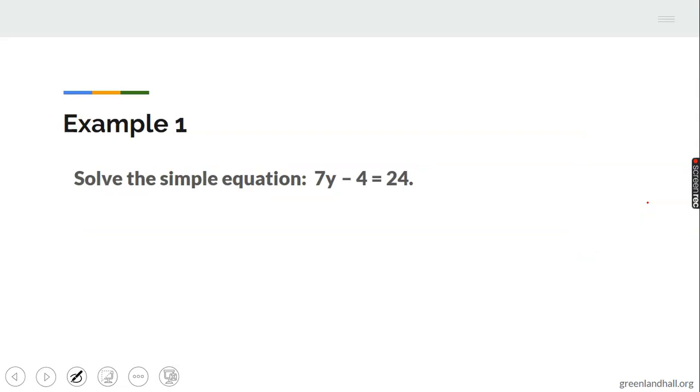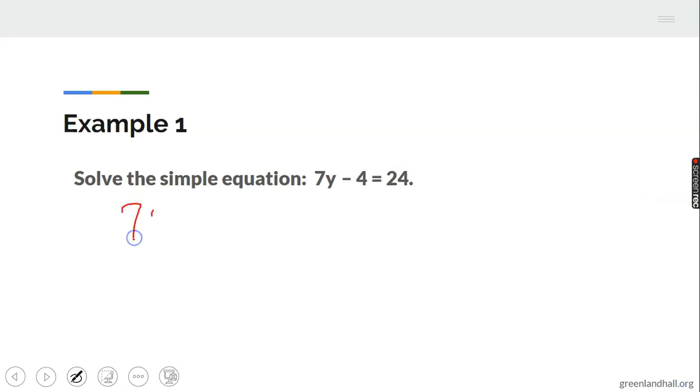Solve the simple equation 7y minus 4 equals 24, using the method of collecting like terms. Now, there are 2 ways of doing this. Either you transfer minus 4 to go and meet 24, and once it crosses this bridge, it will change to plus.